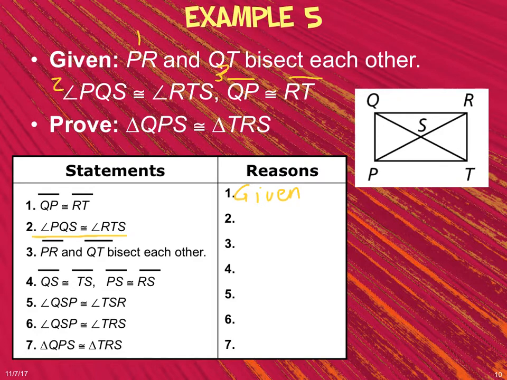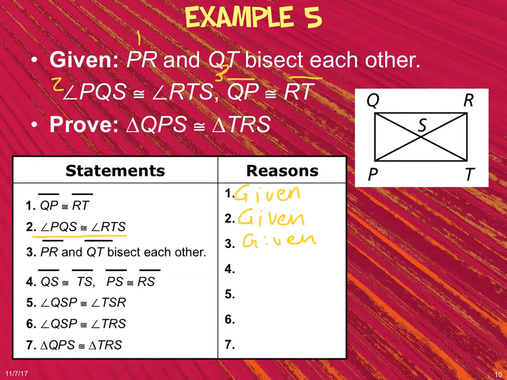So we know that our reason for number 2 is also going to be given. Looking at statement number 3, segment PR and segment QT bisect each other. Again, we saw that in the given, so we know that our reason for step number 3 is going to be given.